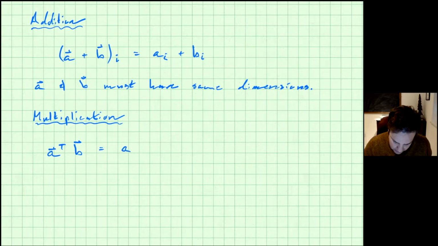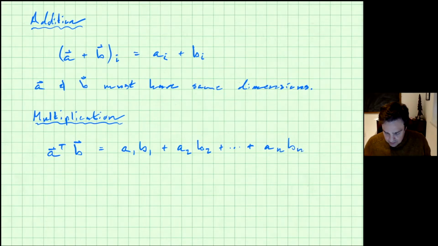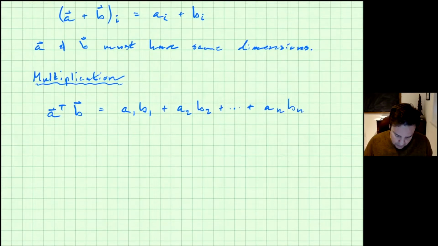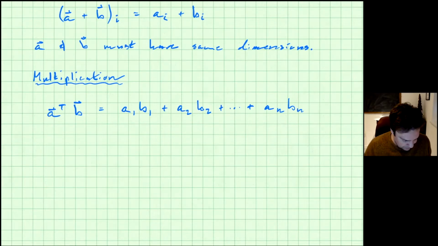So you get A1 times B1 plus A2 times B2, and so on, up to AN times BN. And that's how multiplication will work. This is just an example of matrix multiplication, of course. But usually people define this with just plain old vectors and not talking about their transposes necessarily.